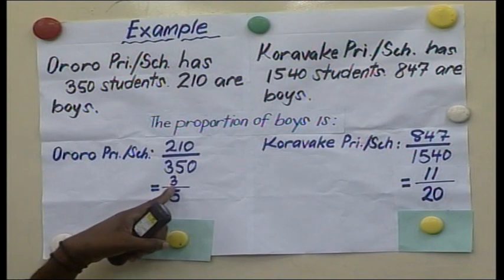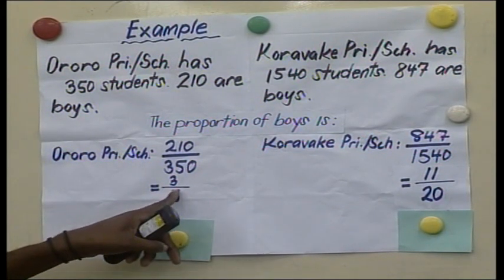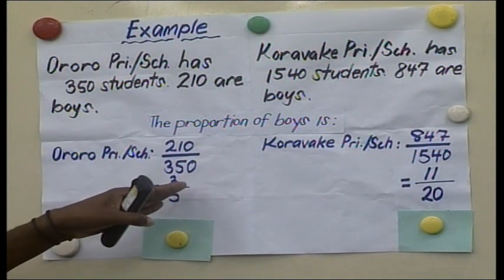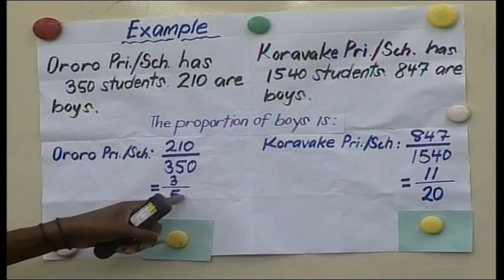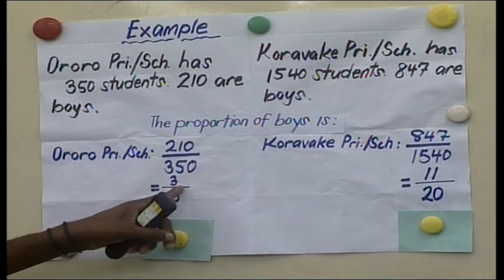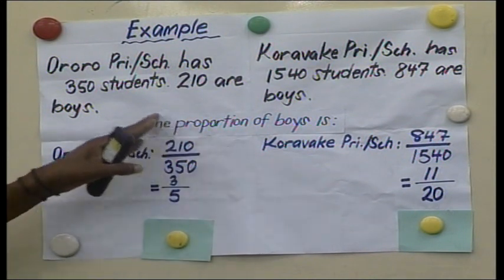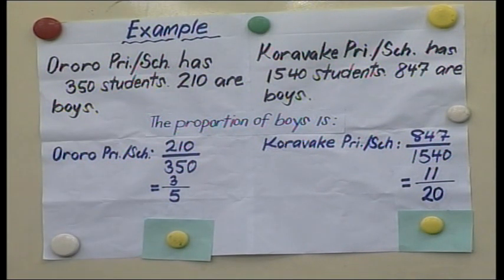Now, 3/5. To find the percentage of boys in this school, how do we find it? What percentage of boys are in Aurora Primary School? How do we find percentage?